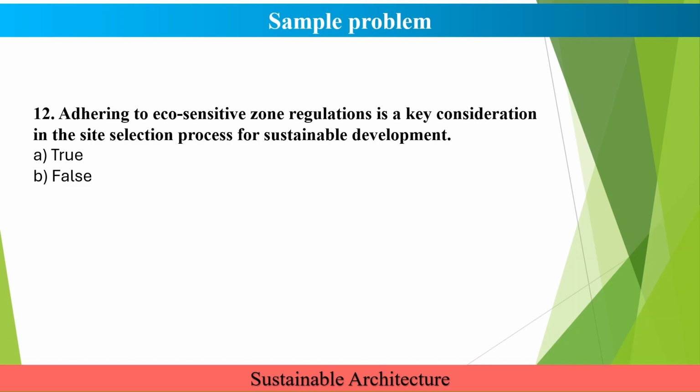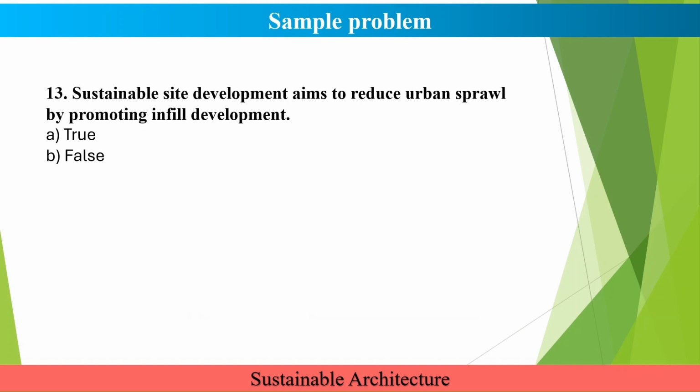Let's move to the next question, that is question number 13, and try to give answer to this question also. Question number 13. Sustainable site development aims to reduce urban sprawl by promoting infill development. This is very tricky question. Let's see how many of you are able to give and understand this question.